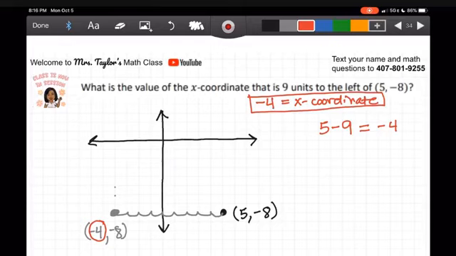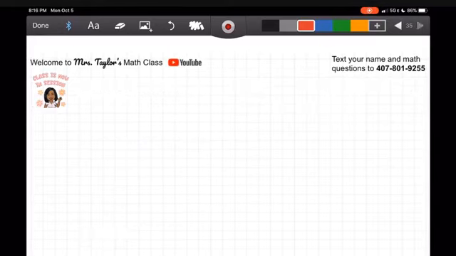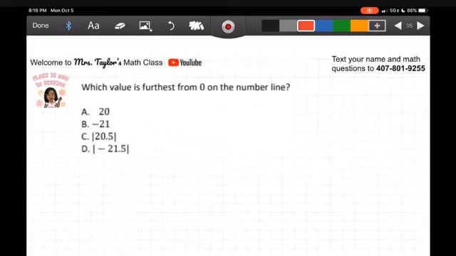Okay, let's do another problem. So we have here, it says, which value is furthest from 0 on a number line? Well, let's put these values on a number line. So let's draw a line.